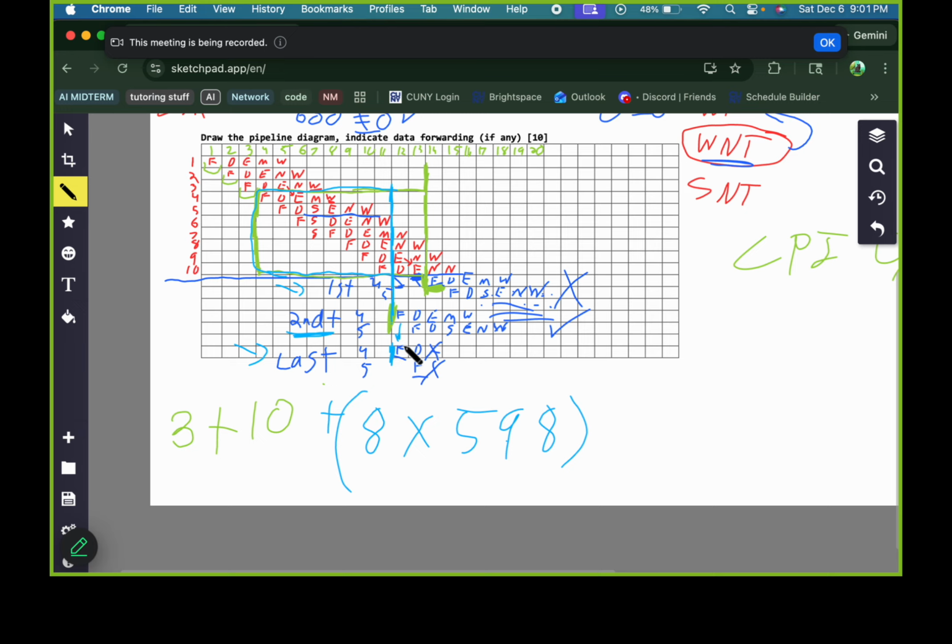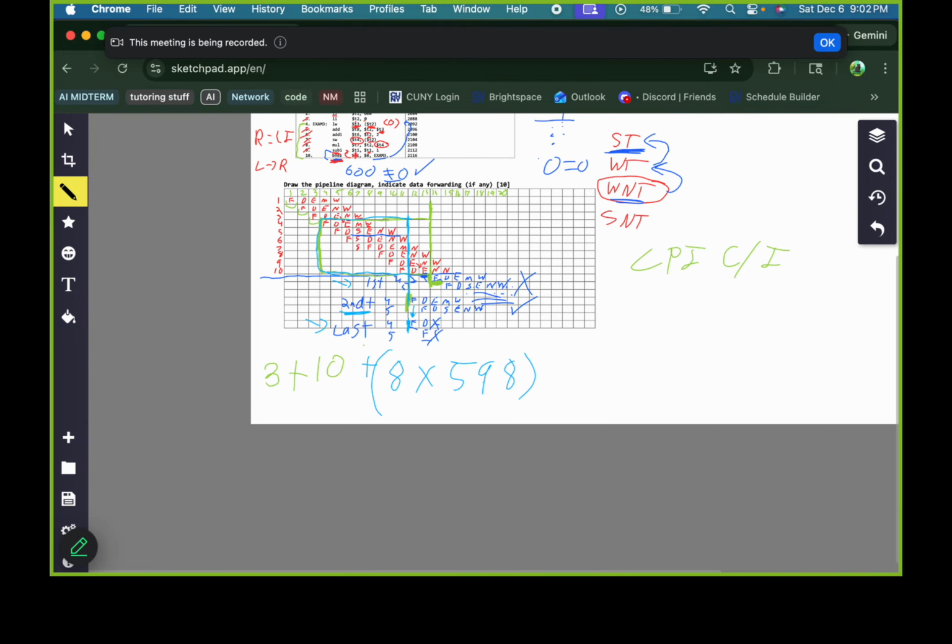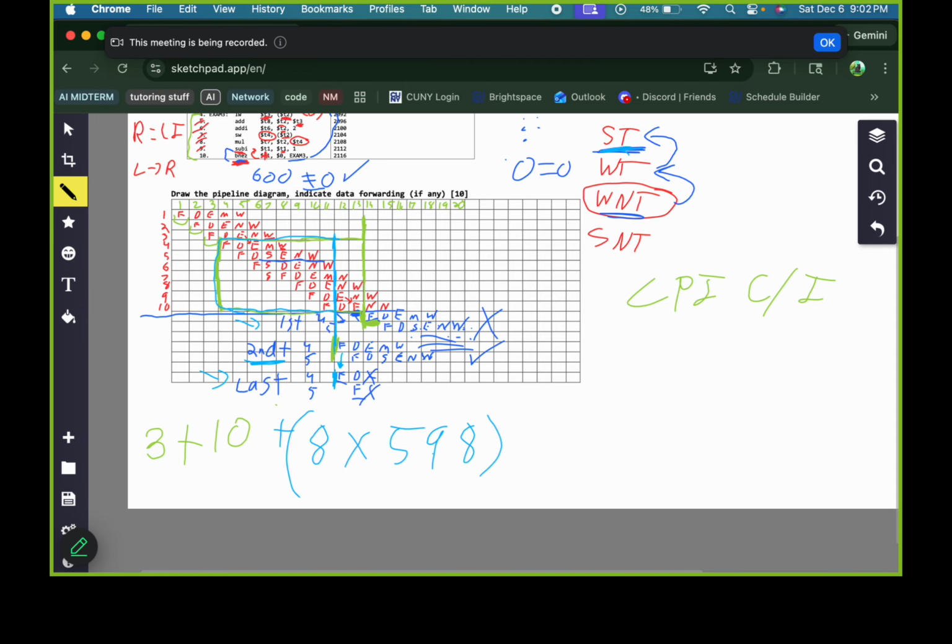These guys are perfectly in line because it's telling me at this point I'm still strongly taken. It's telling me still take branch. So that means that we're still going to be stopping at the same place. So this is not going to be 598. This last one is going to function the same exact way that the previous one is going to function. Therefore, this is now going to become 599.